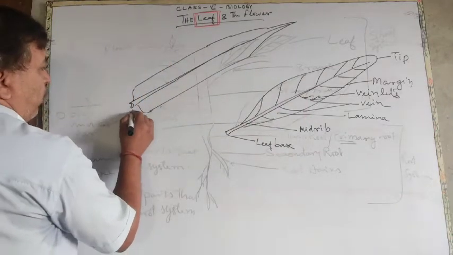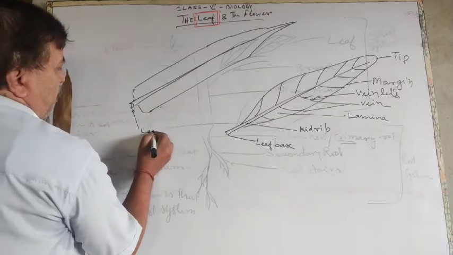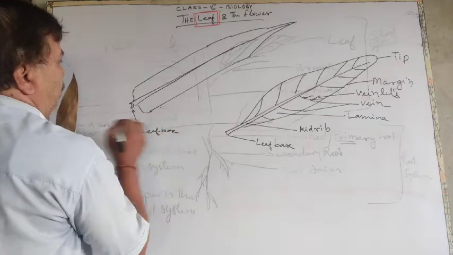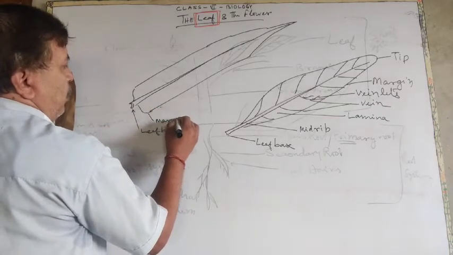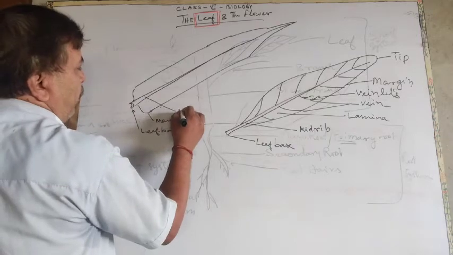What is this? The leaf base, right? And this one is the margin, and this one is the midrib.